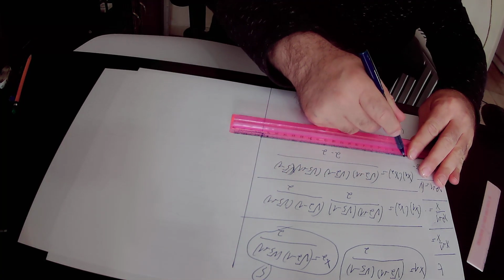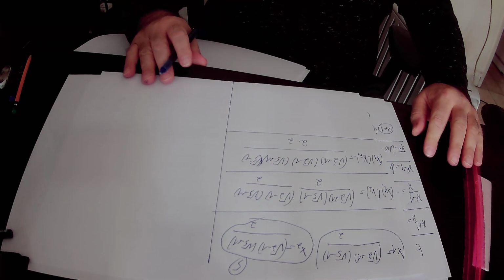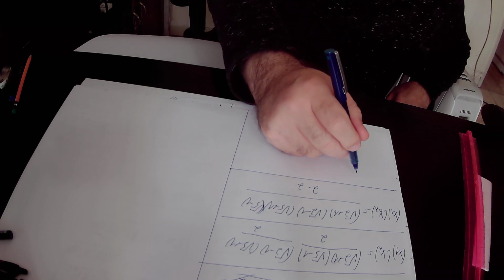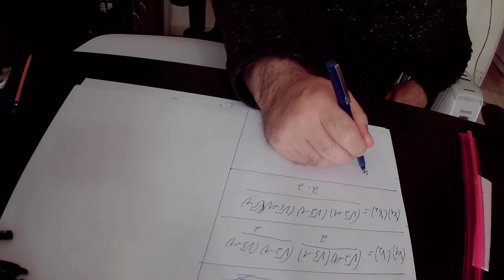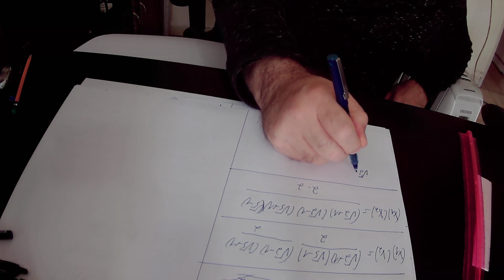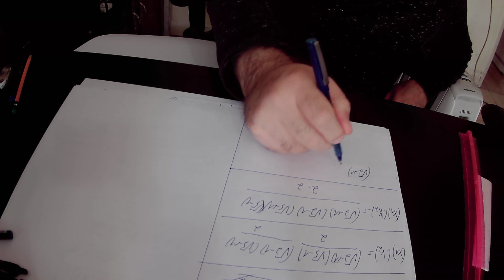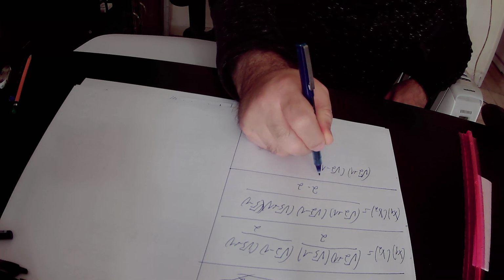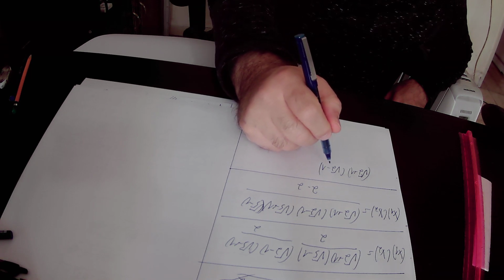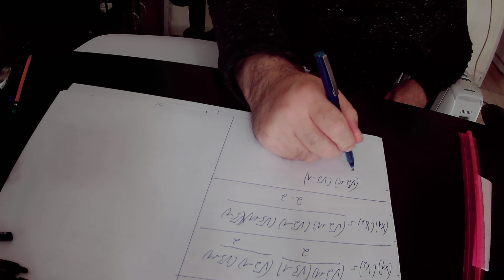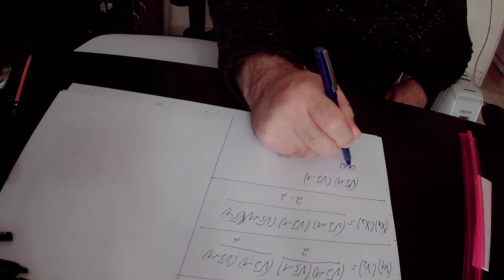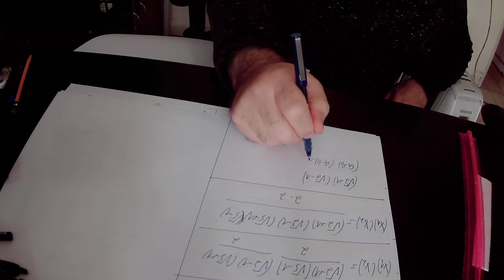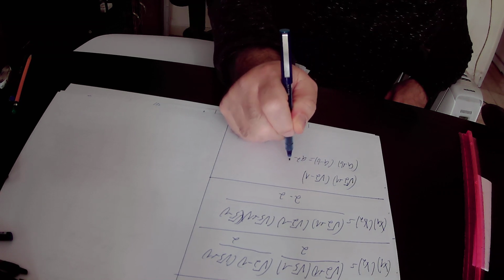So here we'll find out the value of square root of 2 plus 1 times square root of 2 minus 1 according to the algebraic identity that states that a plus b times a minus b equals to a squared minus b squared.